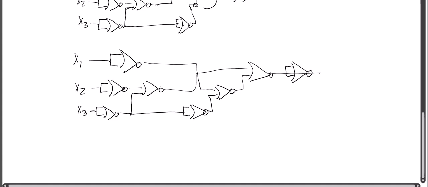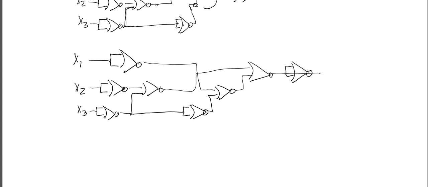And now it's all NOR gates. Now I could have made this simpler if I had simplified the function to start off with, but it said not to simplify it.